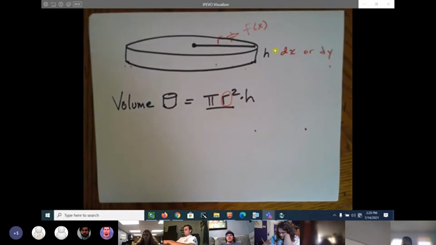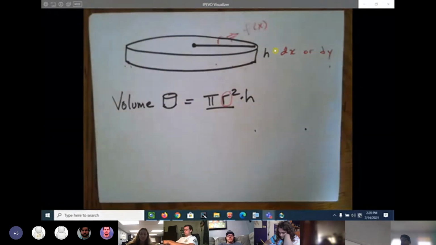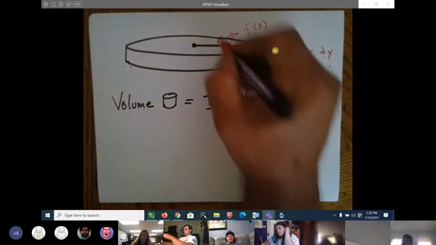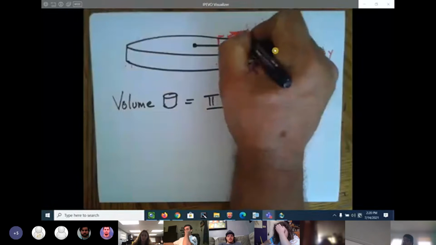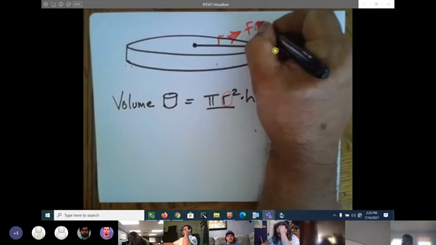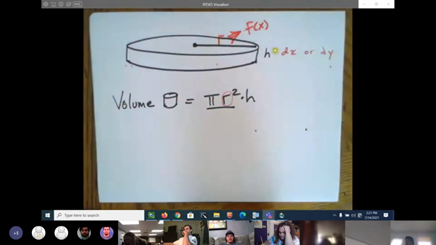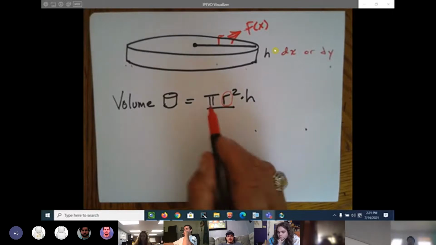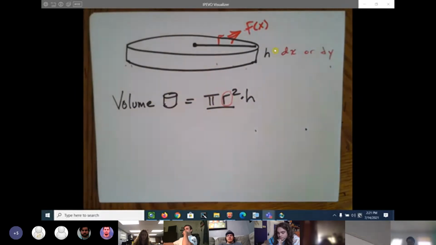The radius is usually going to be the function. So pi, you can take that out of the integration. So what does this mean?